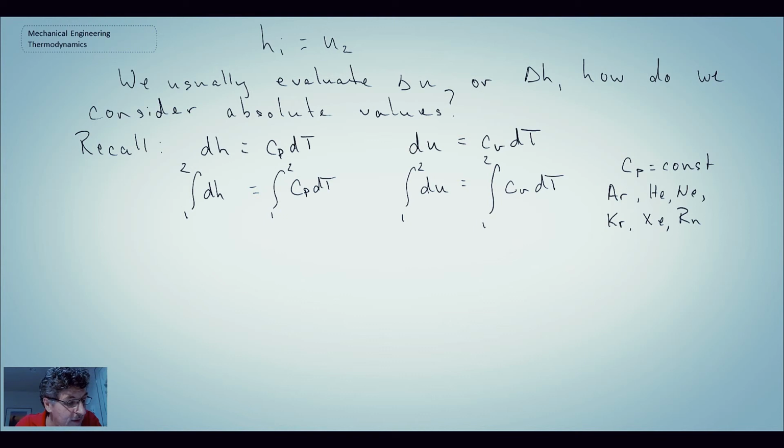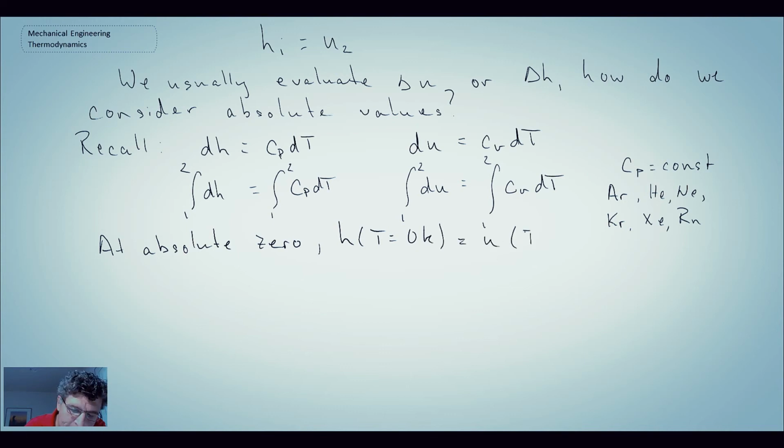So what we need to do is integrate this equation from some base state to the point at which we have an interest. And we're going to say that at absolute zero, both the enthalpy and the internal energy are 0 kilojoules per kilogram.